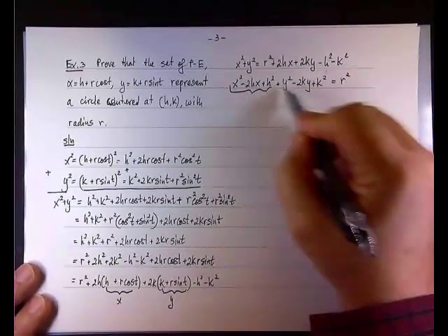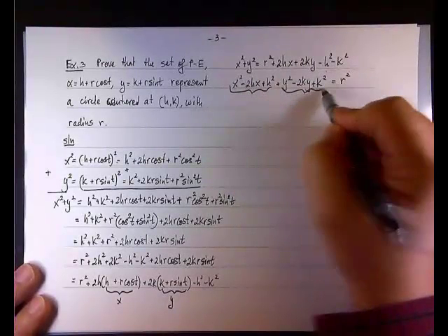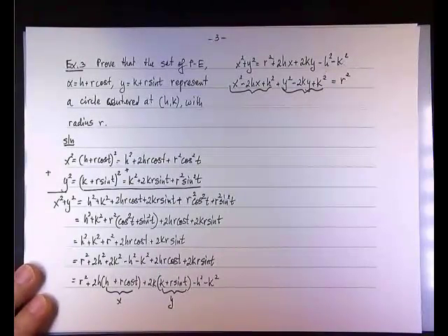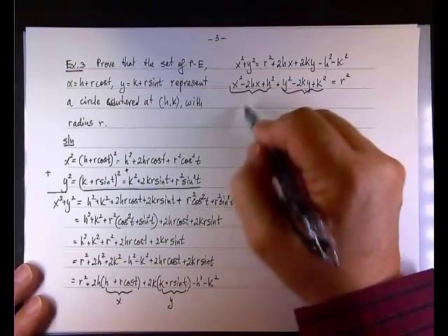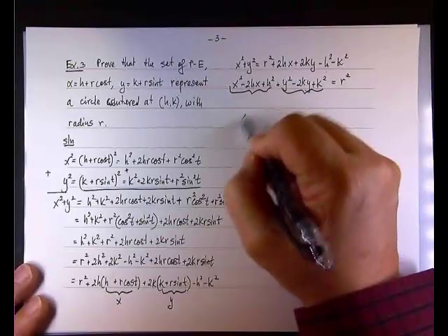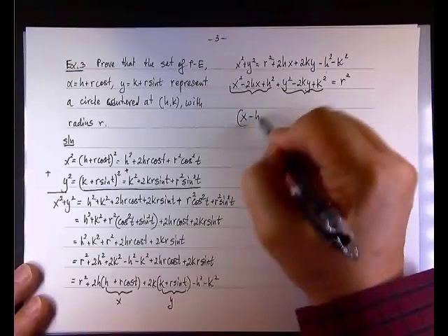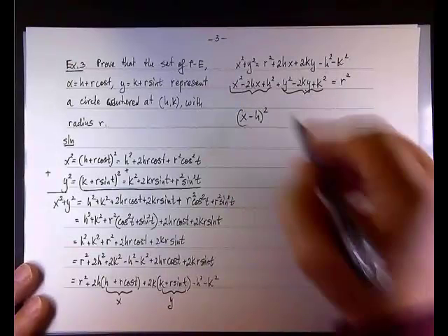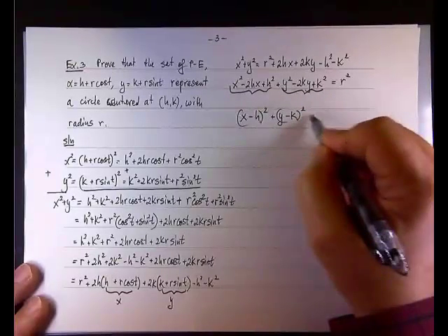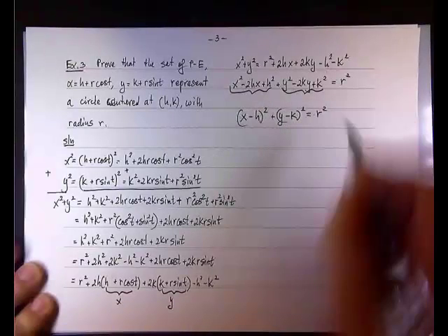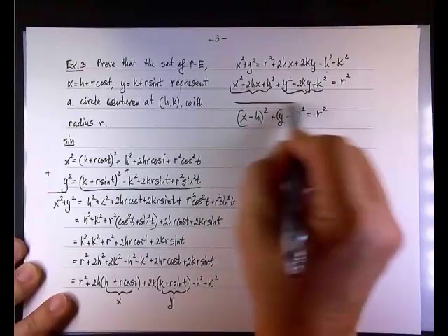Okay? And I'm looking at this trinomial, and I'm looking at that trinomial. And as I read carefully, I can see, wait a second, this is nothing but x minus h squared. And here is y minus k squared. And this is r squared.